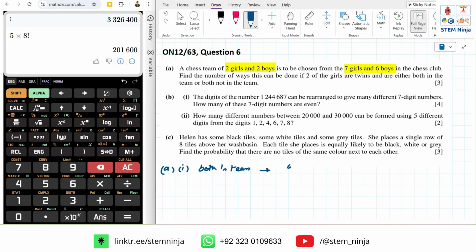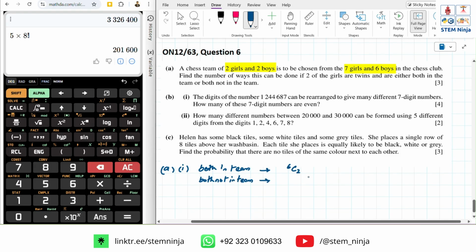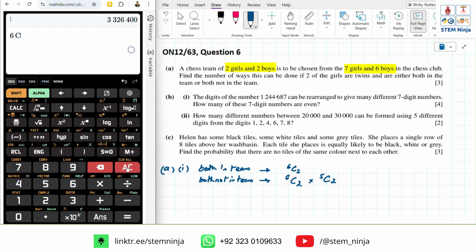So 6C2, right? And both not in the team: the boys would again be 6C2, but you would need two girls from the five remaining girls. So 6C2 plus 6C2 times 5C2. So this is 165 total.